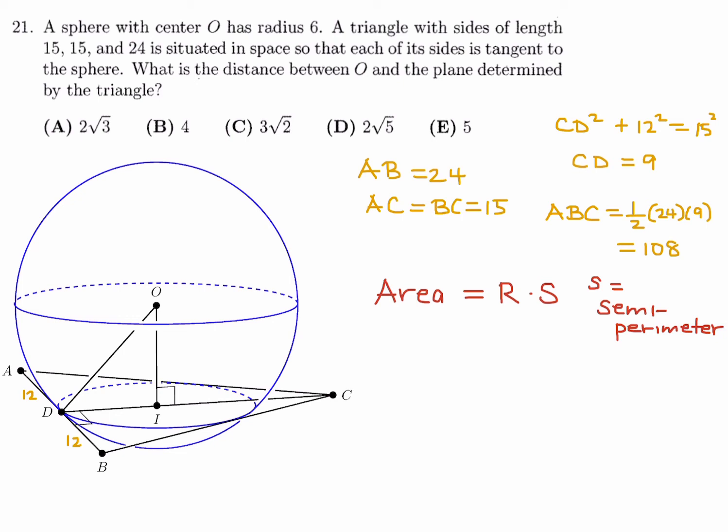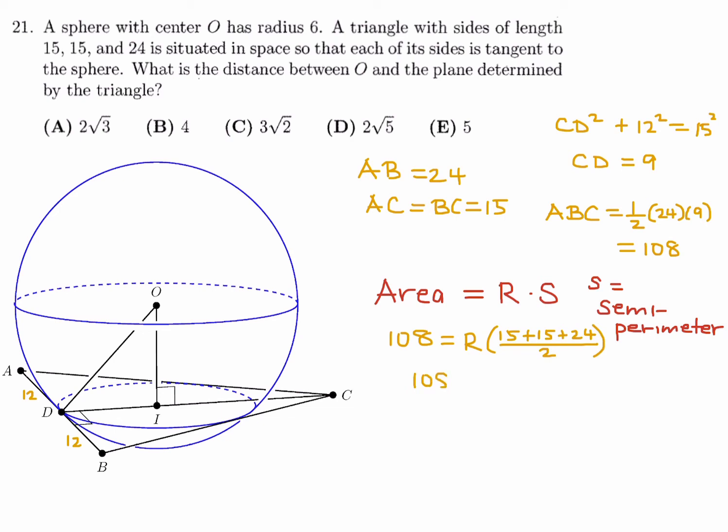This is a very helpful formula for this question. The area we just figured out was 108. The radius, that is what we will find out. And the semi-perimeter is easy to figure out. The perimeter is 15 plus 15 plus 24, and then for the semi-perimeter you just divide by 2.